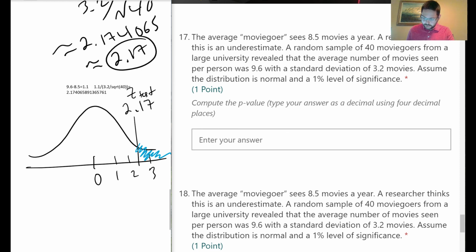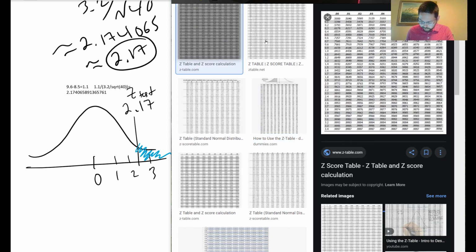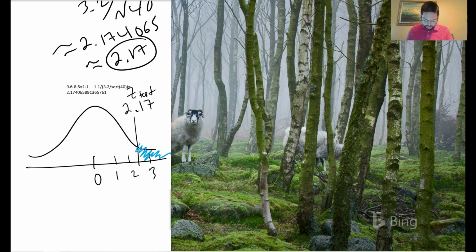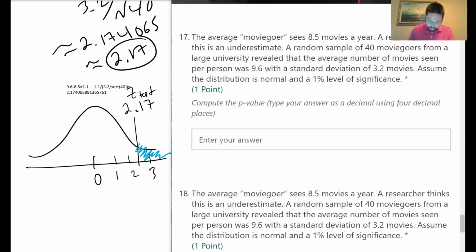So let's go ahead and look this up again, looking it up on the web. We're interested in 2.17. So it's going to be 0.9850. Okay, so that's the area to the left though, right?